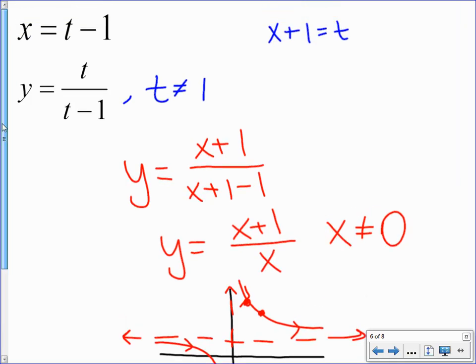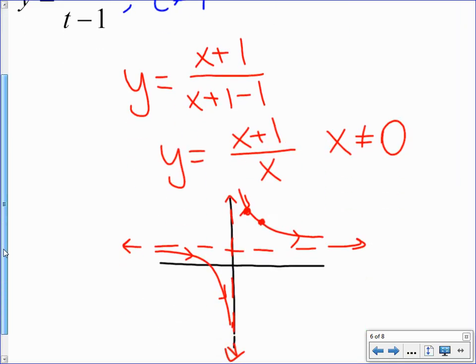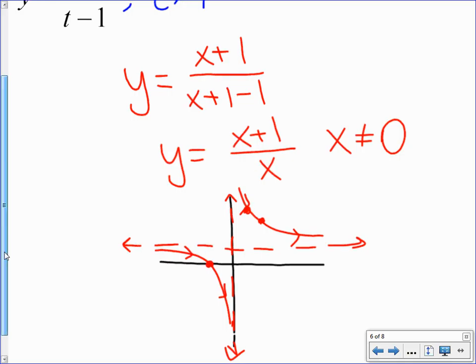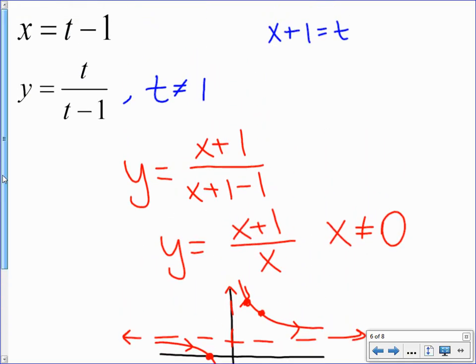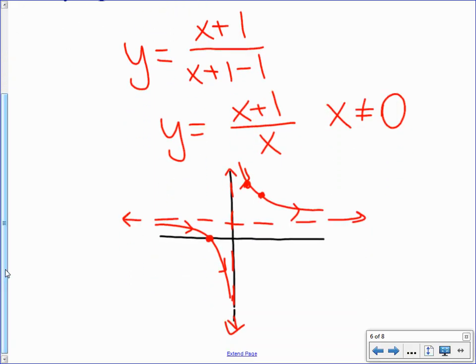So we can't plug in 1. If we plug in 0, we're at (-1, 0). And if we plug in -1, we'd be at (-2, something). So it is indeed going that way. Because I plugged in backwards, right? This is t is -1, this is t is 0. So we know it's going that way.